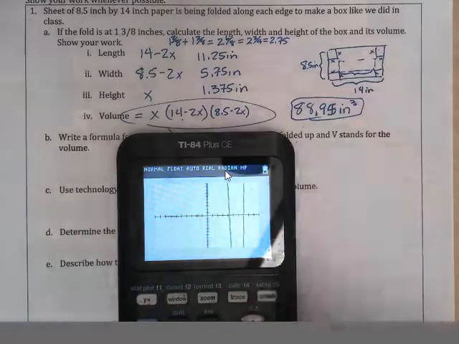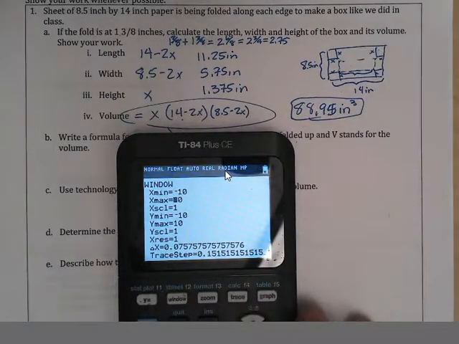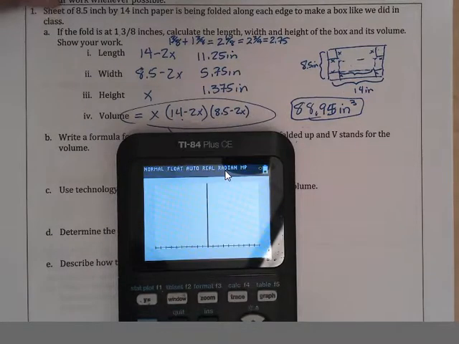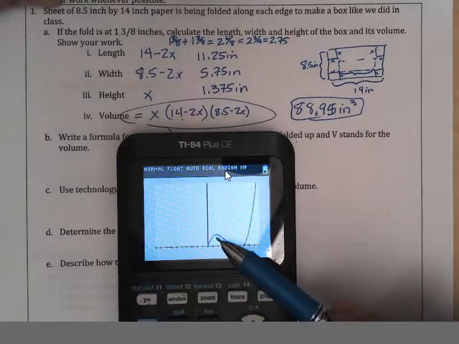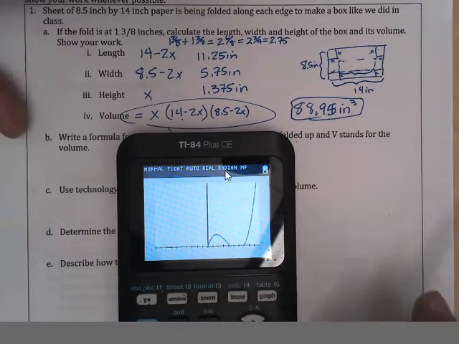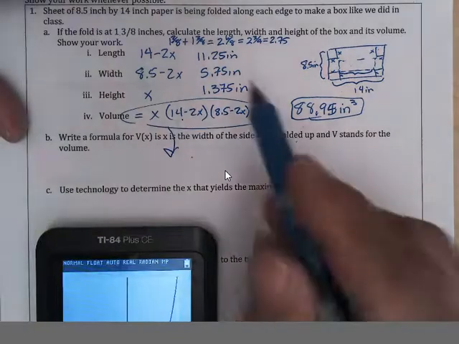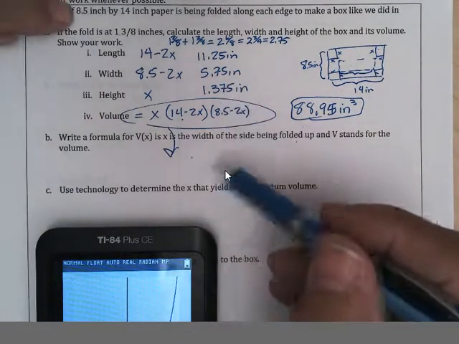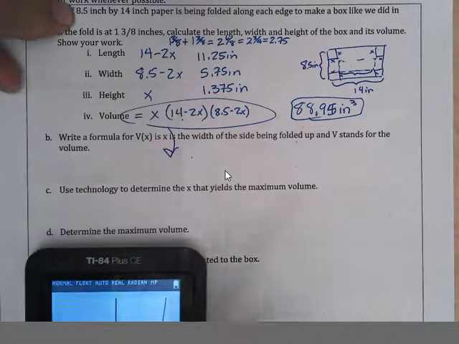It goes off the screen higher, so I need to see higher maxes in the y. I'll make it 500. So it goes up, hits a max, it comes down, and it hits 0 at, looks like, 4.25 maybe, which happens to be half of 8.5, it's 4 1/4, and that makes sense.